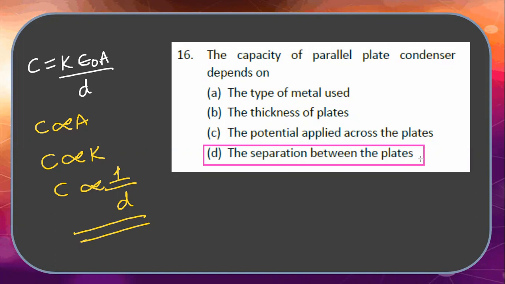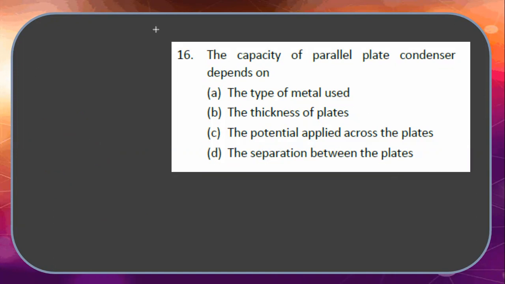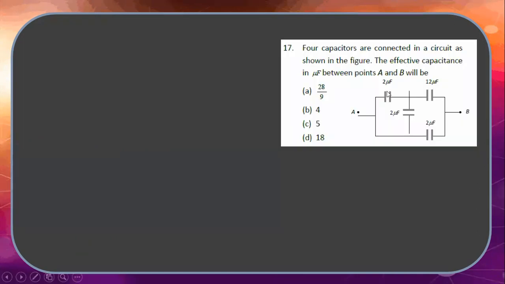Okay, next. This is the arrangement. Then we have to calculate the effective capacitance between the plates A, B. To simplify this, take these two in parallel first, and I'll redraw the diagram.